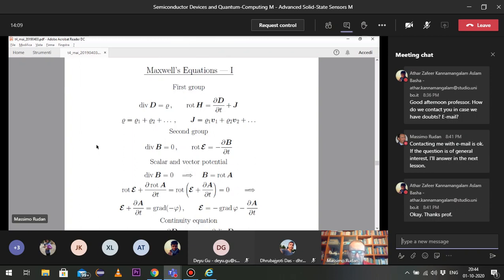Assume that we are in vacuum, so there are no charges around, and the relation between the electric displacement D and the electric field E is simply that they are proportional to each other, okay? And the constant is the permittivity.